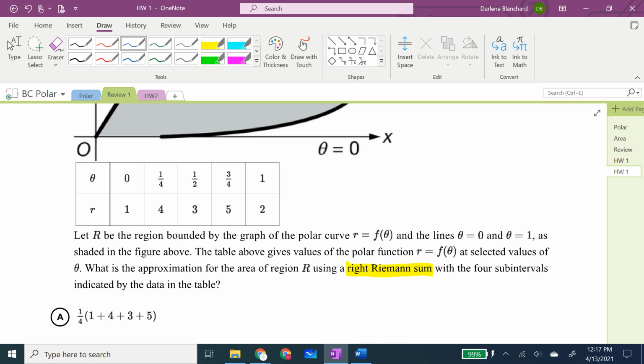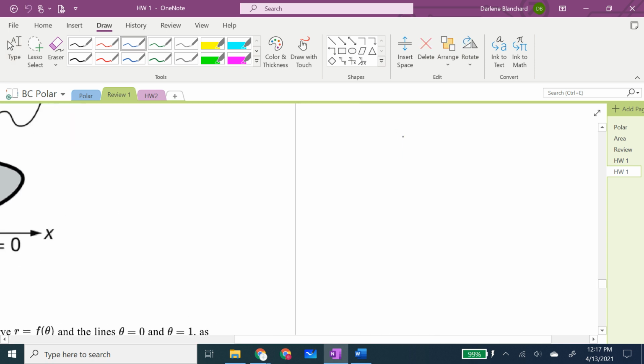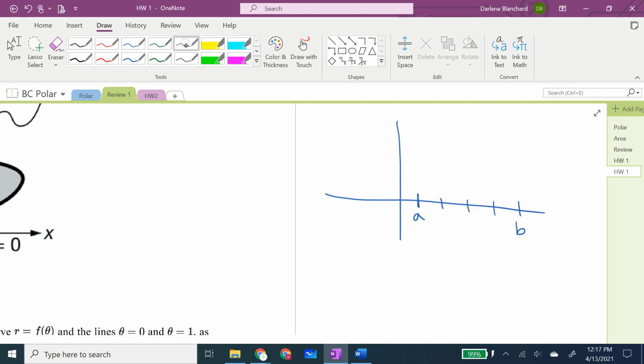A right Riemann sum is based on the idea that if I split the x-axis up into pieces, then for each interval of x, it is the right x value that determines the value of the function that I'm using.